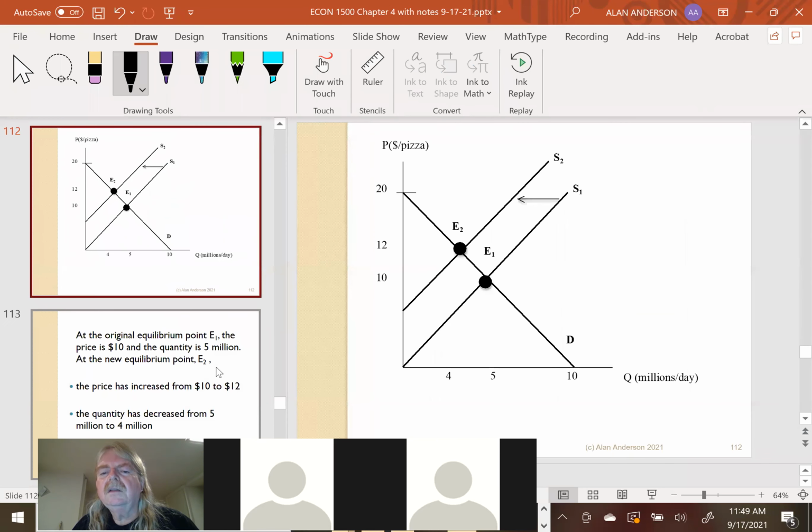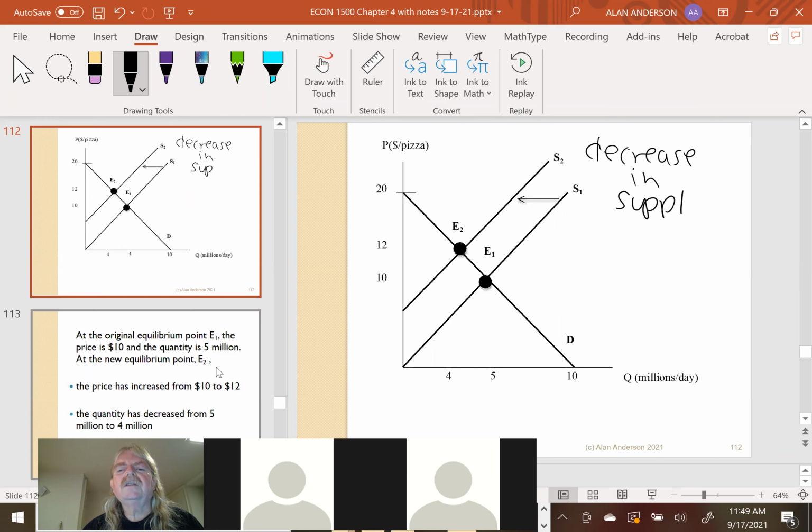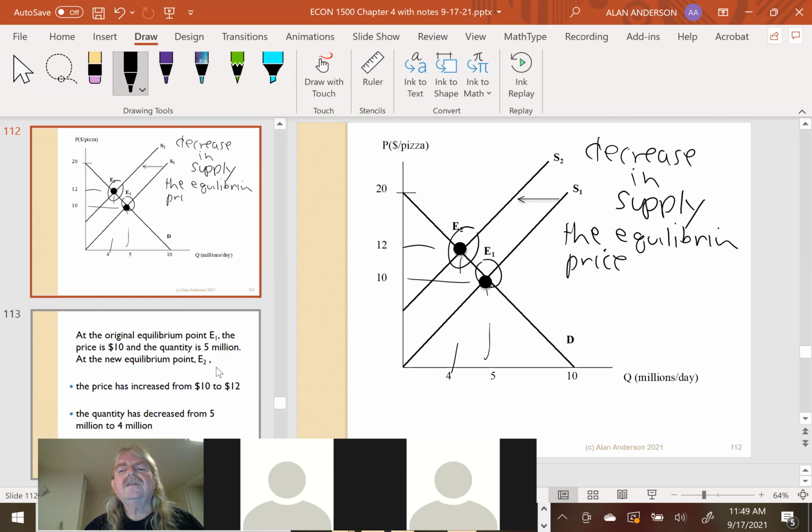Wow. Look at that. So this is a decrease in supply. And the result, as you can see, 2 bad things happen. The equilibrium price increased and the quantity decreased.